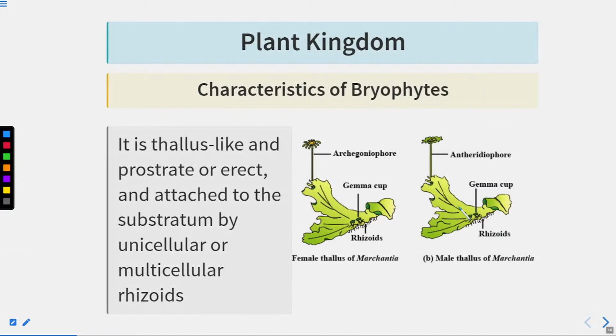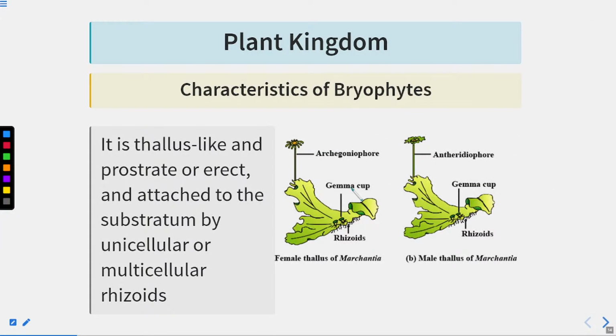But in bryophytes, it is again thallus-like and prostrate or erect. Prostrate means this is the dorsal surface, the upper surface, and the lower surface is called the ventral surface, right?